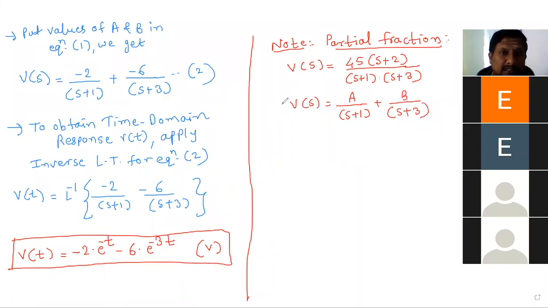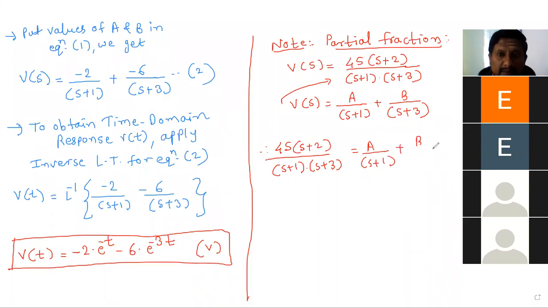Okay, now V of s means this right hand side, you can write like this: 4s into s plus 2 divided by s plus 1 into s plus 3 is equal to this right hand side as it is, a divided by s plus 1 plus b divided by s plus 3.